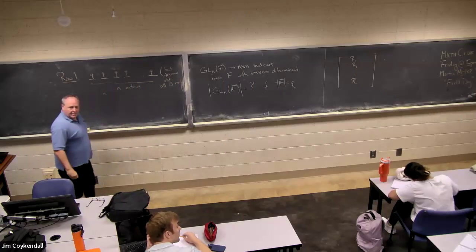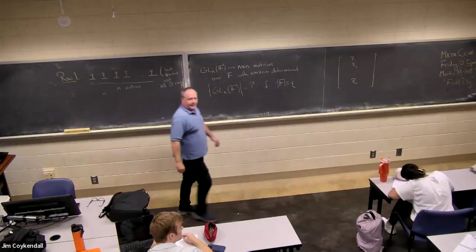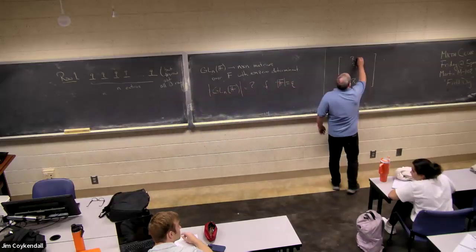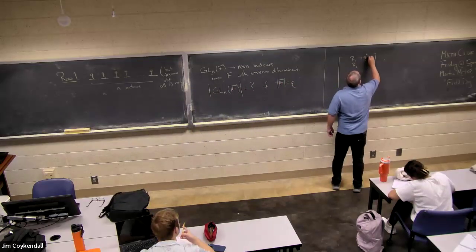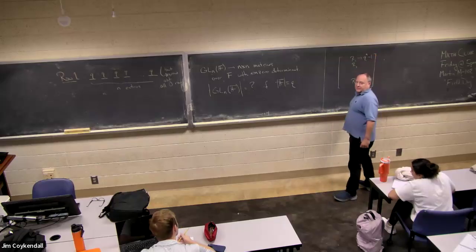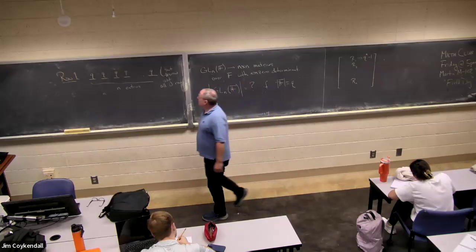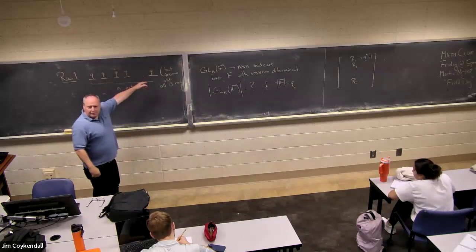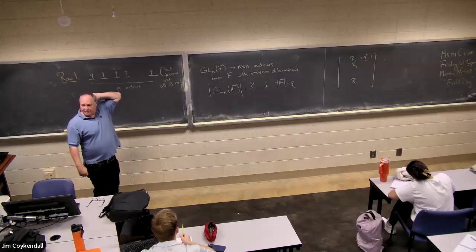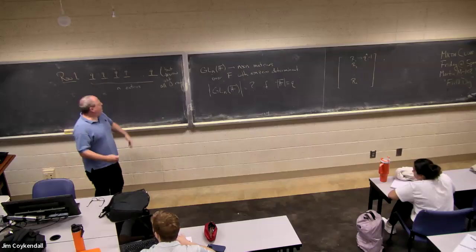I agree. So for row one, I think I get Q to the n minus one choices. Everybody agree? Q to the n, but only one of those choices is all zeros. Everybody agree? But now it gets trickier.